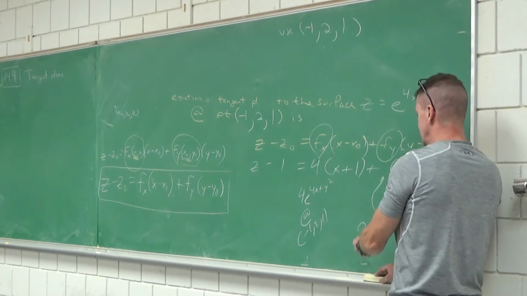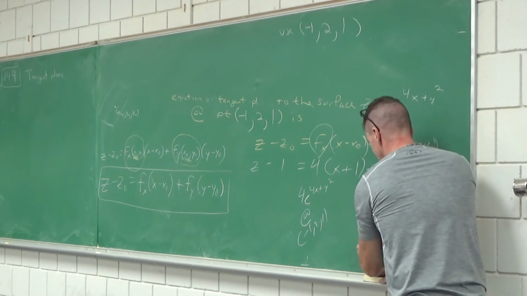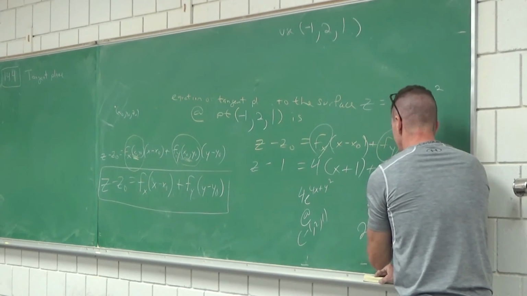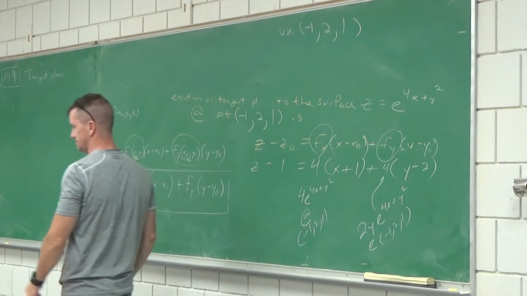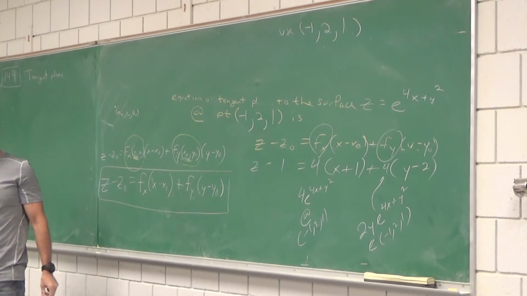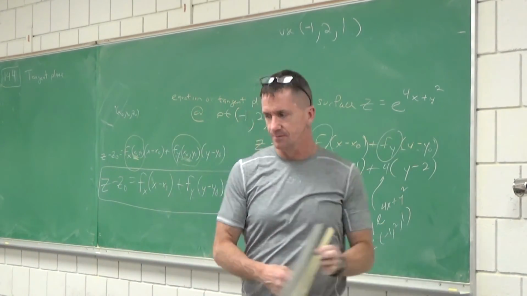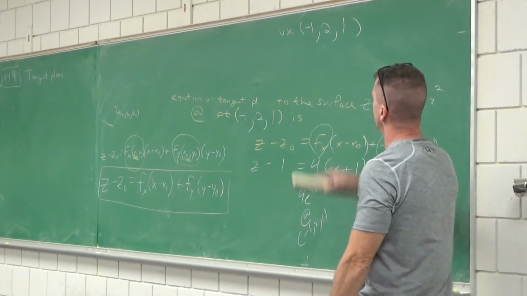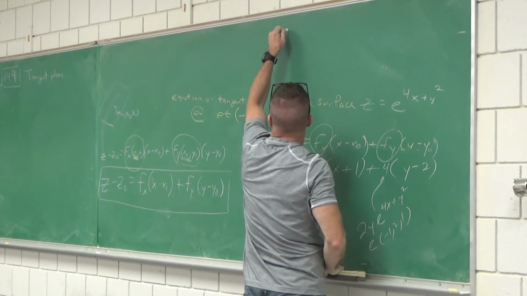It can be fractions, but this turns out to be 2 times e to the 0, when you plug in that point, and you get 4 again. Are you okay with that partial derivative? Nice. Sometimes the most bizarre partial derivatives can be something like that.